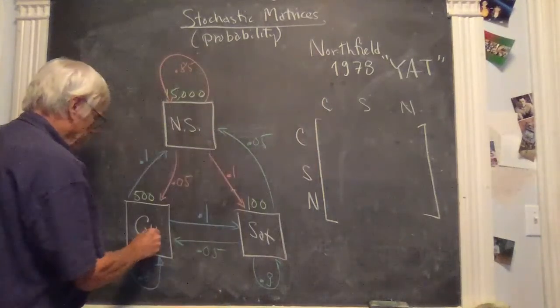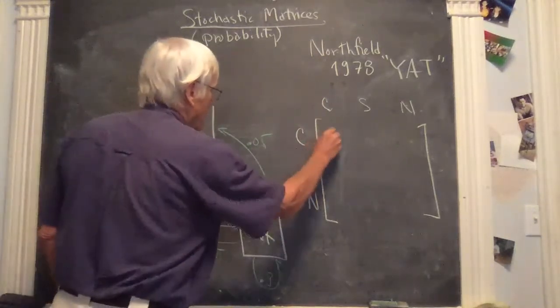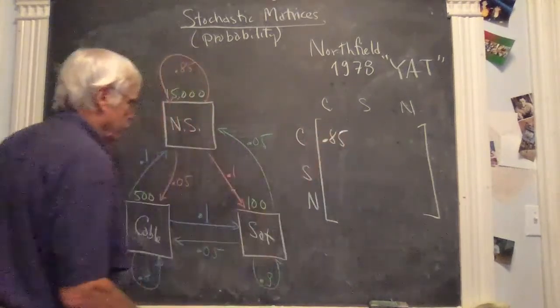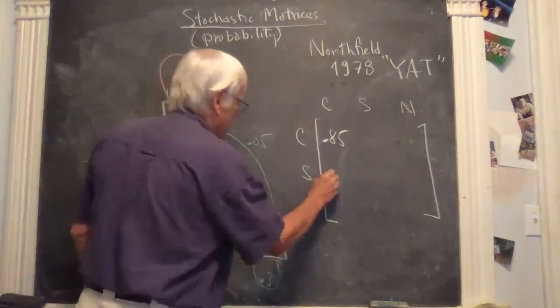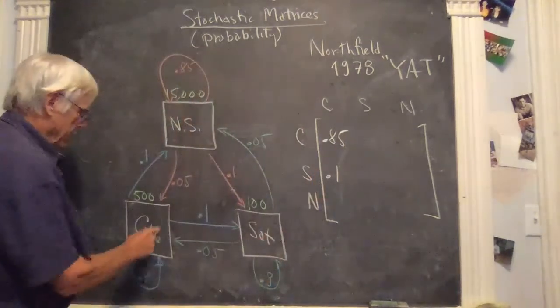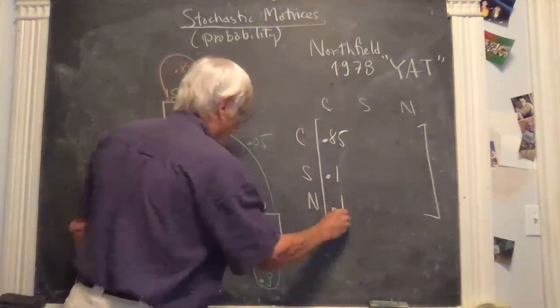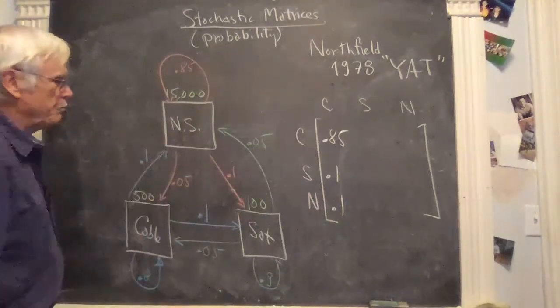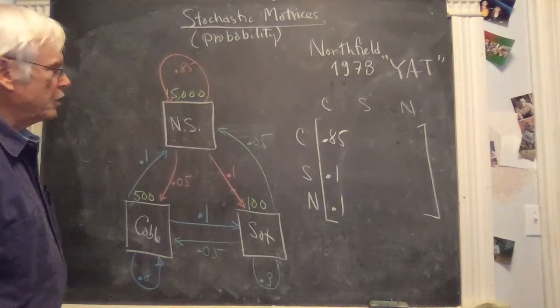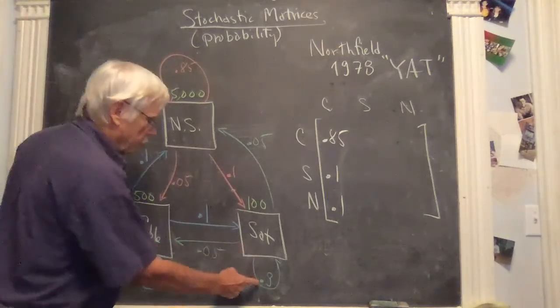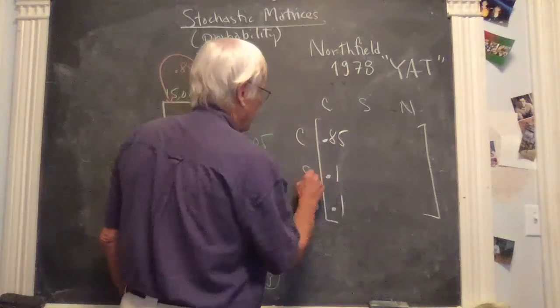And the cable folks, 85% of them remained cable folks. 10% of them became satellite, and 10% of them became no subscriptions. Moving on, for the satellite folks, 90% of them remain satellite.